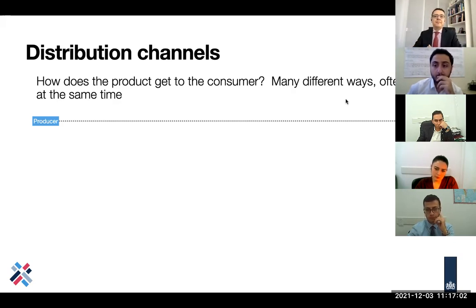This is what happens when companies do D2C, direct to consumer selling. This is what happens when you go to a farmer's market and buy directly from the farmer. It's all well and good, but it requires certain conditions to operate.